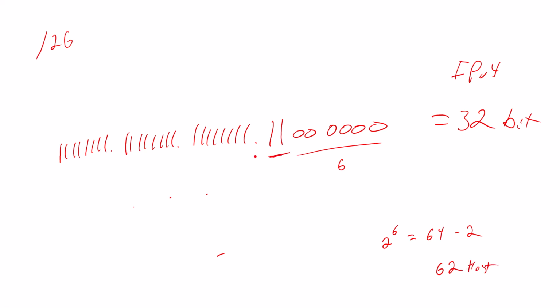We have 2 network bits. 2 to the power of 2 is 4. We have 4 networks of 62 hosts.